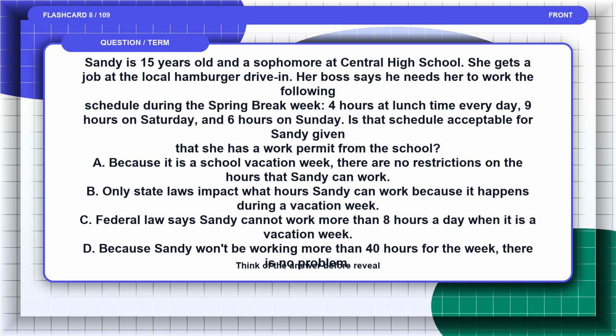Because it is a school vacation week, there are no restrictions on the hours that Sandy can work. Only state laws impact what hours Sandy can work because it happens during a vacation week. Federal law says Sandy cannot work more than 8 hours a day when it is a vacation week.